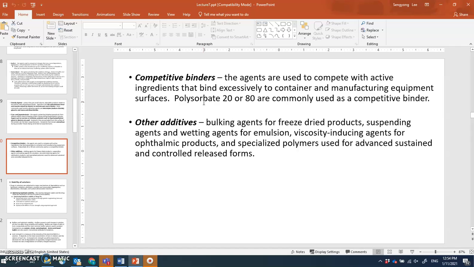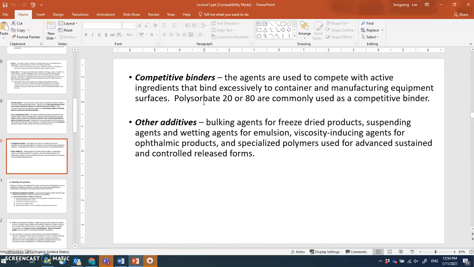Other additives: bulking agents. If your API has a very small structure, you may add bulking agents, especially for freeze drying. If you don't have a bulking agent, your freeze-dried drug may collapse, and that's not a pharmaceutically elegant structure.